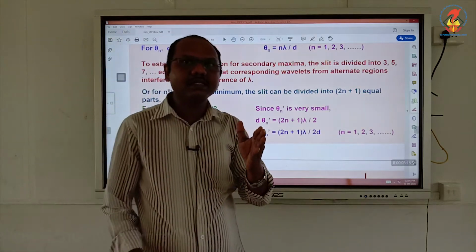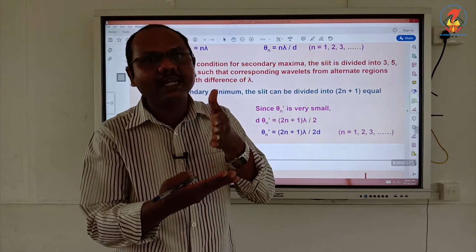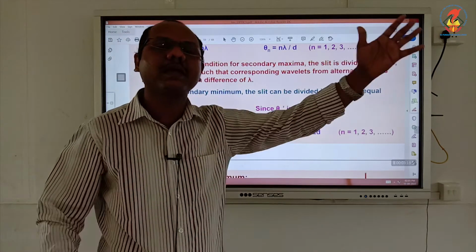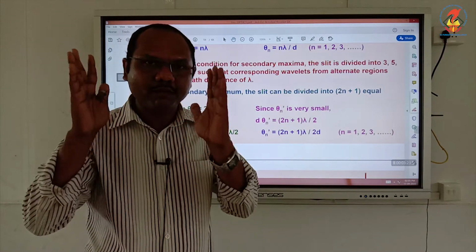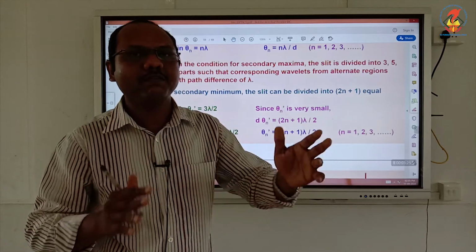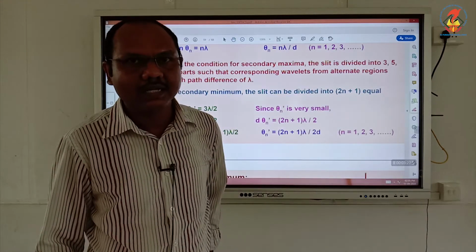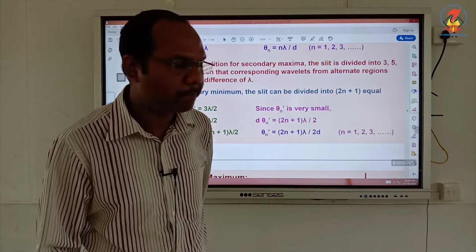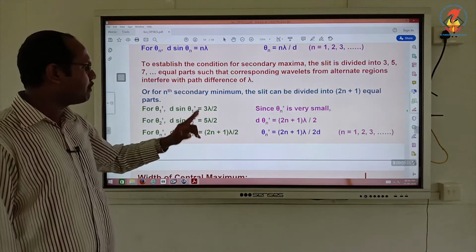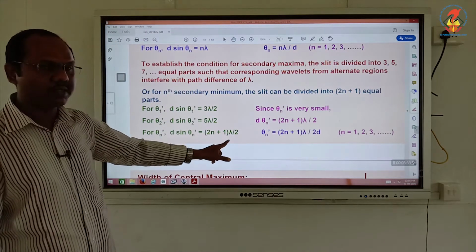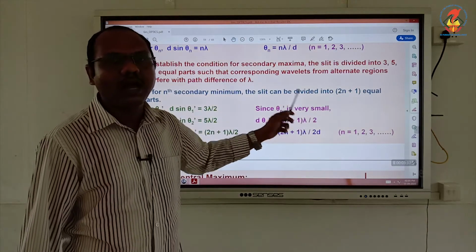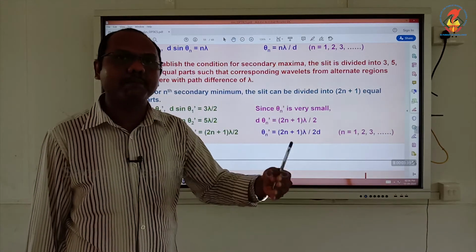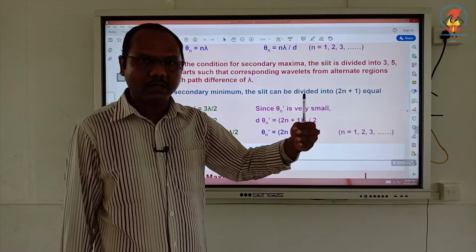Secondary maxima means after the central bright fringe, all the bright fringes are called secondary maxima. Central bright fringe is special. Apart from that, all the bright fringes are called secondary maxima. So 3 lambda by 2, 5 lambda by 2, etc., (2n plus 1) lambda by 2. Again, when sin theta is very small, I can take sin theta approximately equal to theta.